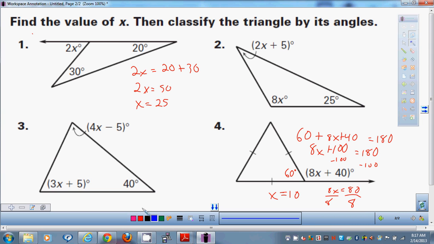And add them to what? Yes. When in doubt, add them to 180. Now we have to do all three angles. So here we go. Number 2. 2x plus 5 plus 8x plus 25 equals 180. All three add to 180.